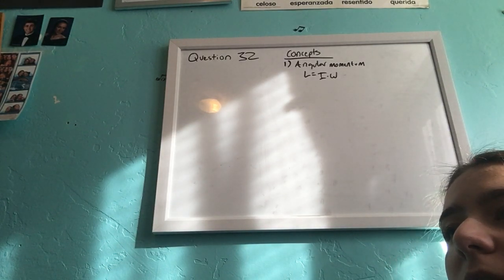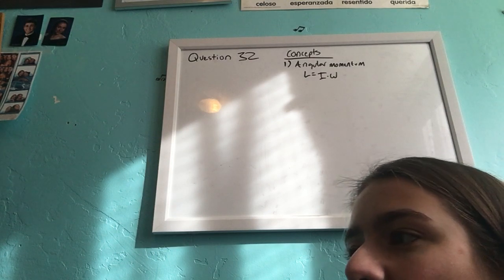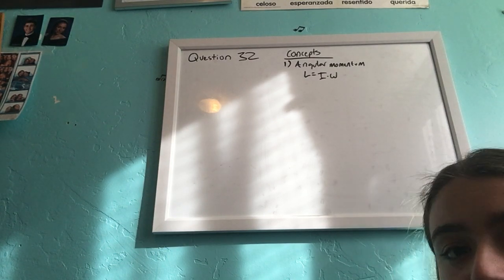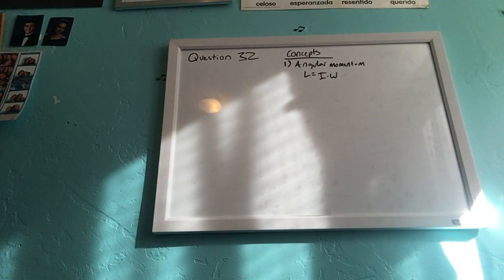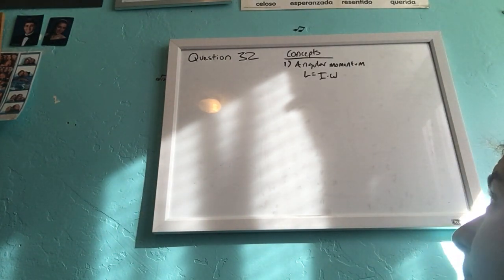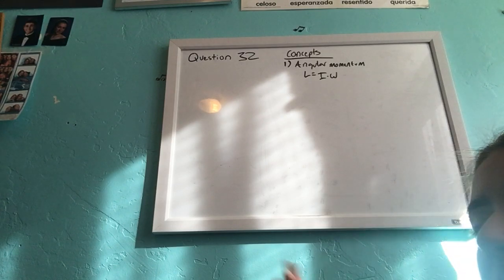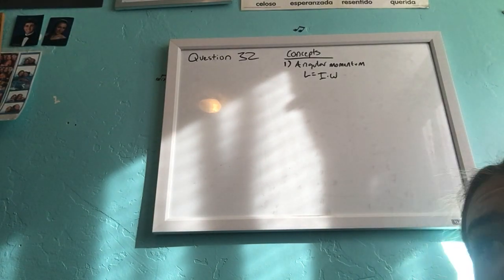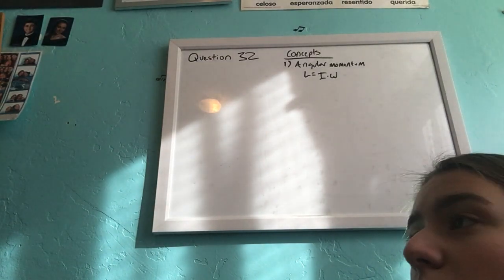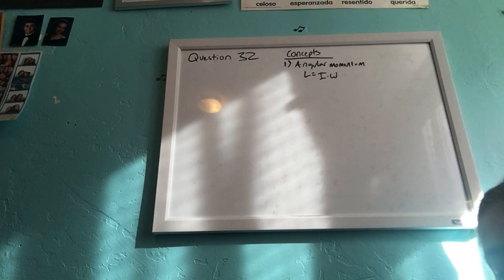So let's say, for example, when the Earth rotates around its axis, that is angular momentum. That's the type of angular momentum, moment of inertia times angular velocity, and that's the one we're going to be using in this question.